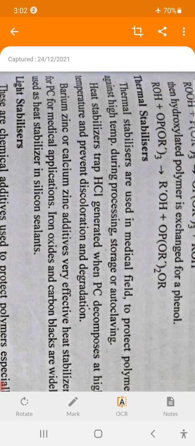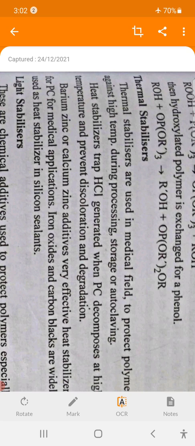Thermal stabilizers, also known as heat stabilizers, trap HCl generated when the polymer decomposes at a high temperature, and prevent decoloration and degradation of polymer material.